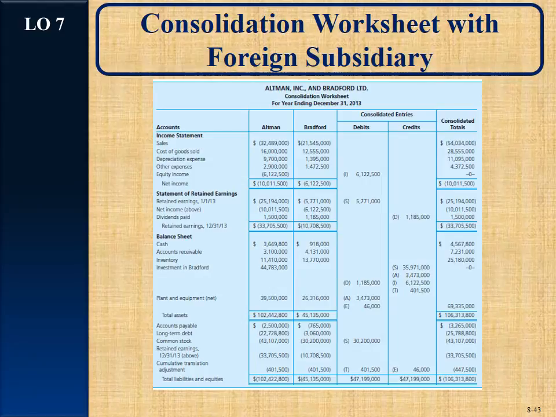So the US dollar on the date of purchase was at $1.51 for 1 pound. On the date of the balance sheet, it's $1.53. So there was actually an increase in value according to foreign translation, where we would have to increase our cumulative translation adjustment 46,000 and increase property, plant, and equipment.